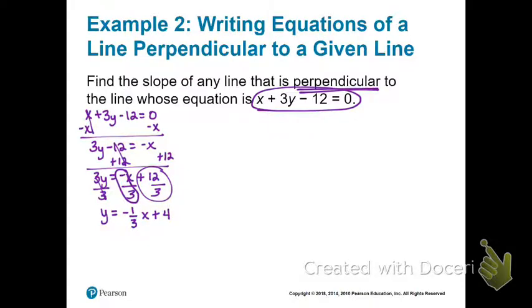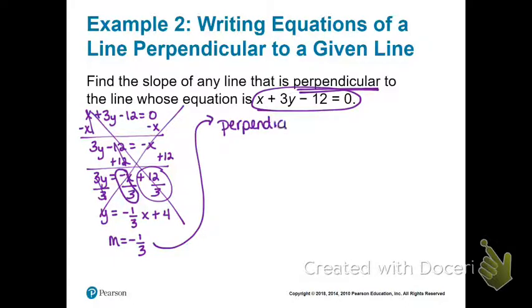All right, so what is the slope of this line right here? It's the number in front of the x because it's slope-intercept form. Once you're done pulling its slope, you don't need that equation for anything. So now let's talk about the line perpendicular. What do we know about the slopes of lines that are perpendicular? Remember, they're opposite reciprocals.